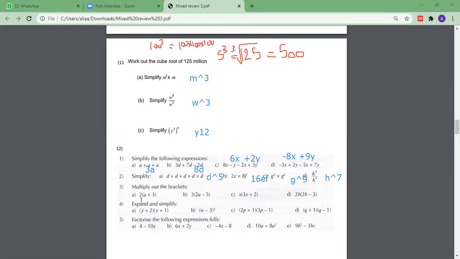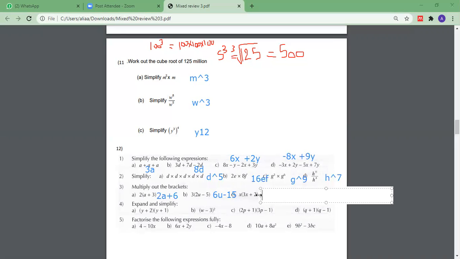Expanding brackets, or multiplying out the brackets, can be written as expand or multiply. So in this question it will be 2a plus 6, sorry, and then this question will be 6u minus 15.